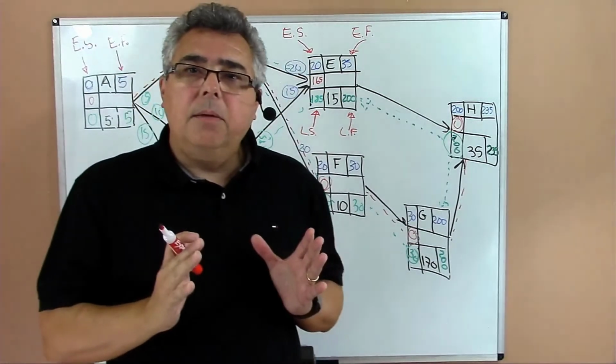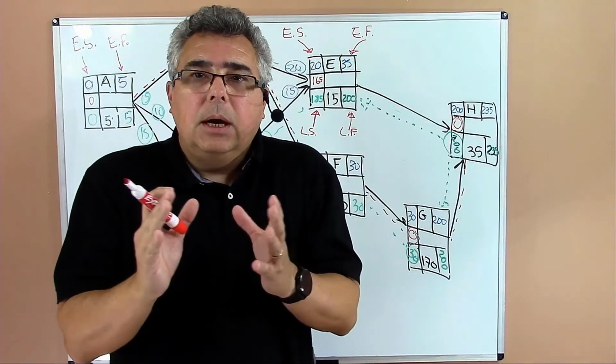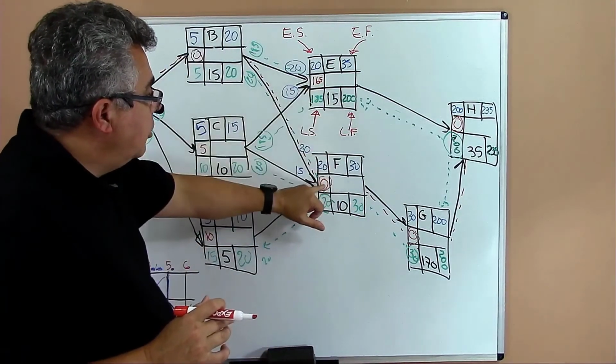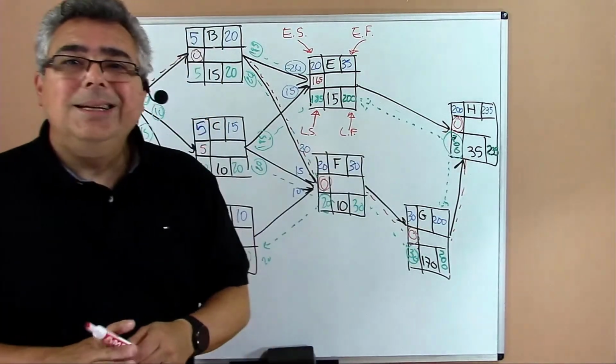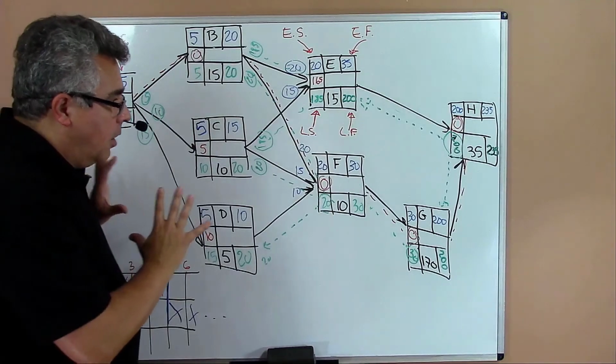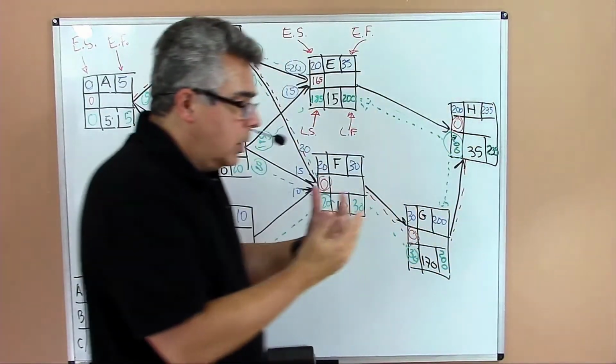The critical path is the path with the activities that I don't have room to change. And that number that we put here in red, we call that slack. Okay, slack. We did the forward path, and then we did the backward path.